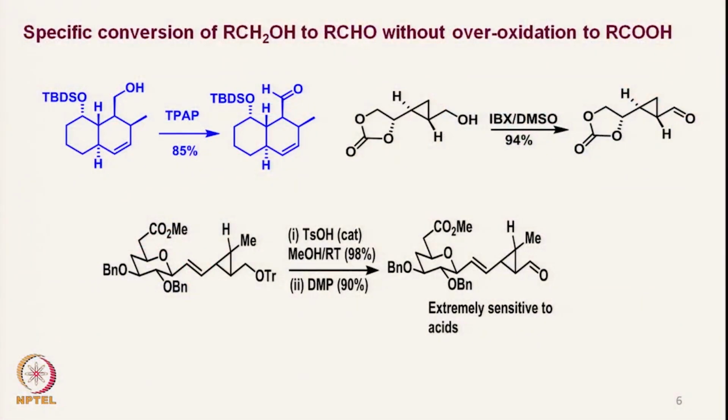So the first one that we did, these are the examples that we have already discussed, is using this TPAP, that is tetra-N-propyl ammonium perruthenate, that led to the conversion of this primary hydroxy group to the corresponding aldehyde.